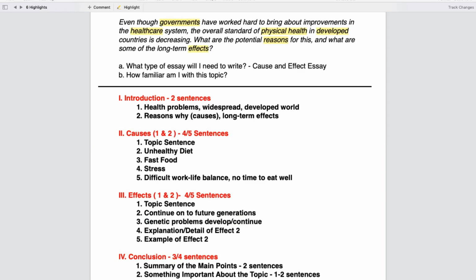Okay, that is my example. Another effect could be a higher cost of living because people are spending more on medical bills and medical problems. And so an example of that could be expensive healthcare. All right, so I've thought about my two causes and my two effects.